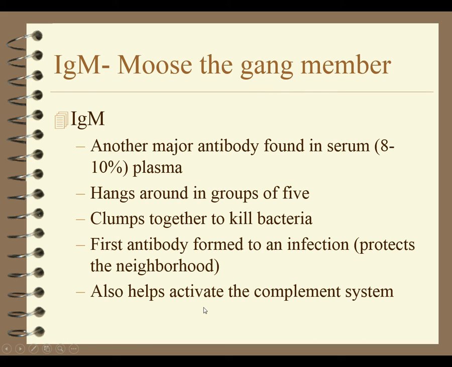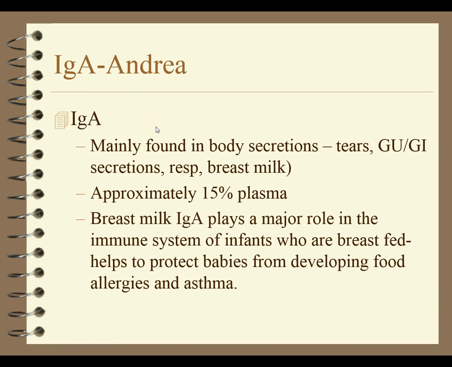It also helps activate the complement system. Now, moose is the first antibody there. The first white blood cell there is your neutrophils. So MN in the alphabet: moose gets there and neutrophils get there. MN. That's an easy way to remember it.